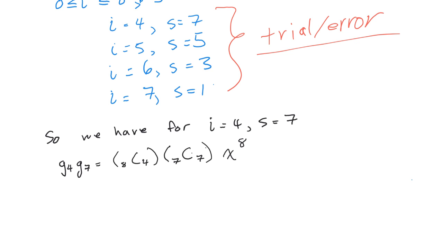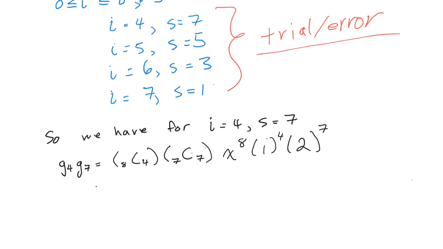But we still have to accommodate for our negative 1 to the 4, because that was our i value, and then 2 to the 7.